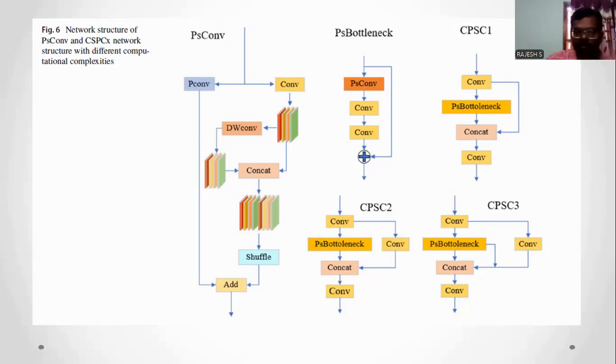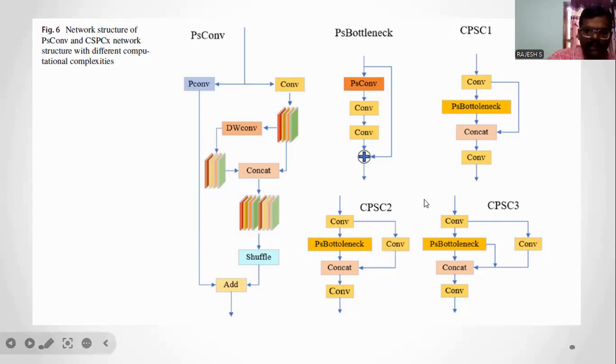CPSC2 is better quality than CPSC1, but it is fast. Now, the third one is CPSC3, the largest version compared to CPSC1 and CPSC2. It has more layers, so it has many more features than CPSC1 and CPSC2, but it contains more calculation, nothing but computation.